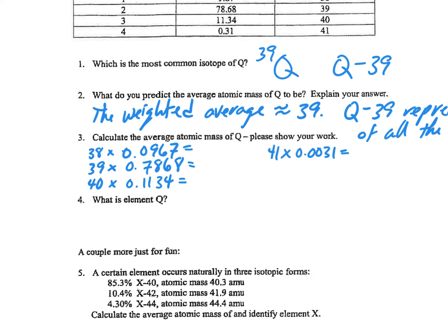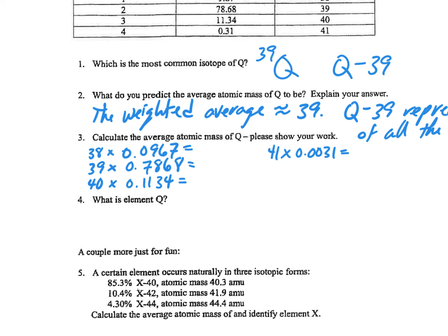Now this is a really important point. Please listen carefully to this. Since we're not actually given the atomic masses for these isotopes, we're going to go with the next best thing, which is the mass number. Truly, the mass number is not the atomic mass of these isotopes, but it's the best information given, so we're going to go with that.